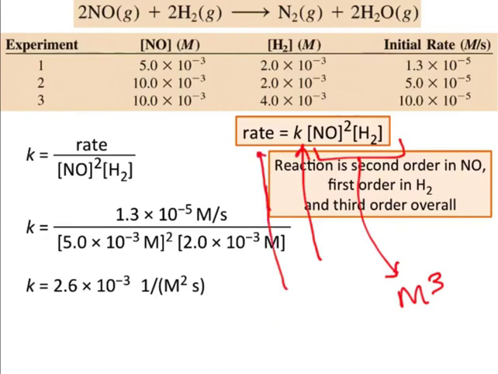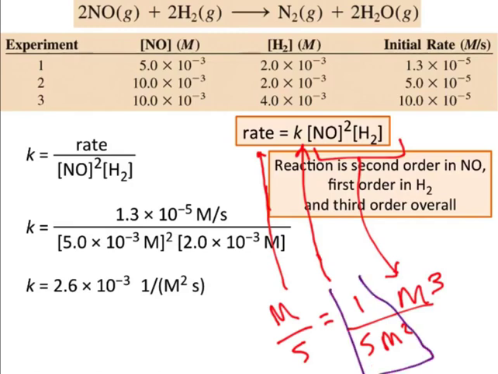So what happens with this constant is we need to have the seconds on the bottom, and we also need to have molarity squared. So the units on this rate law constant are 1 over molarity squared seconds. That's kind of weird, but again, the function of these proportionality constants is also to make the units work out.